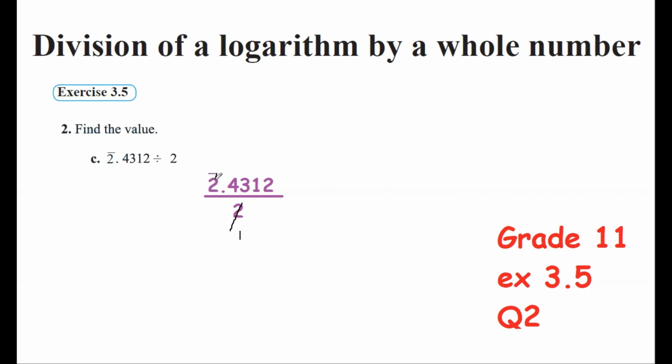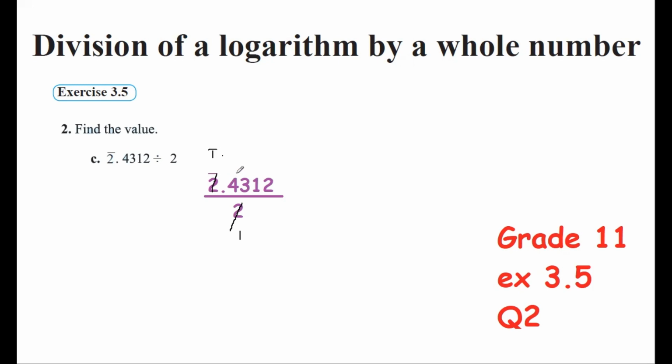The bar 2, when you divide bar 2, you get the bar 1. Okay. And the decimal, when you are having bar values, only this number is negative and the other section is positive. So you can divide the other section as usual.